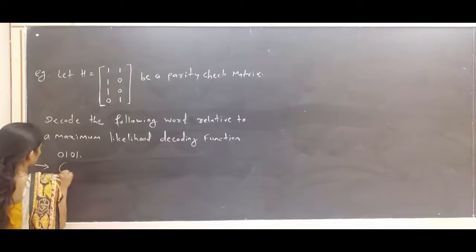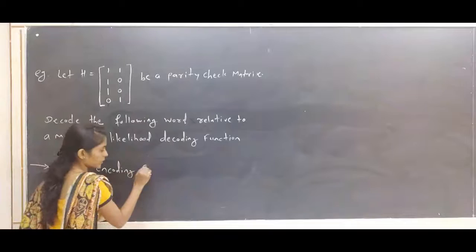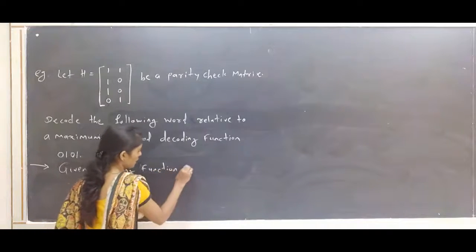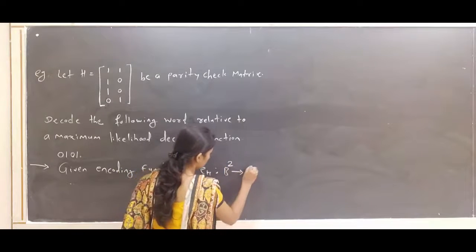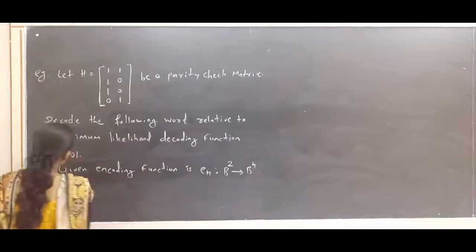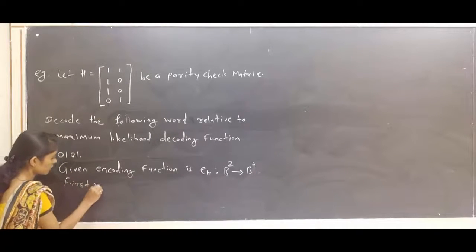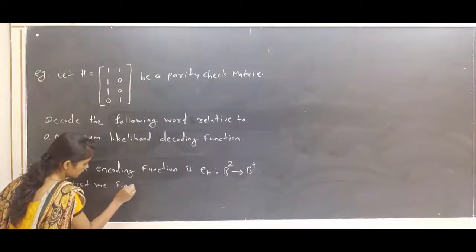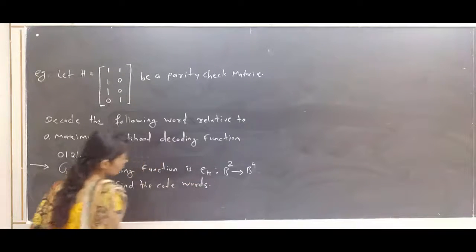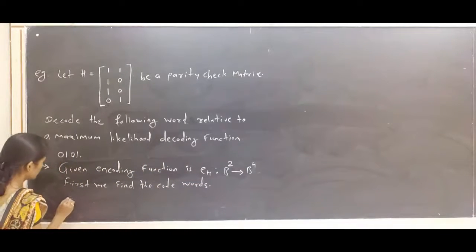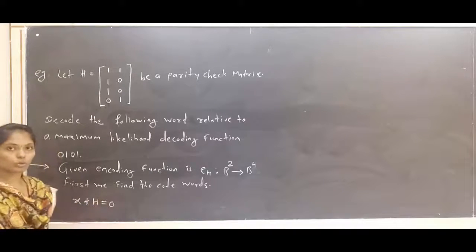So first, the given encoding function is E_H from B^2 to B^4. Now here we want to find the code words. So for that we consider x * H = 0.